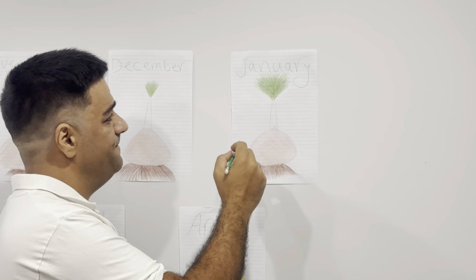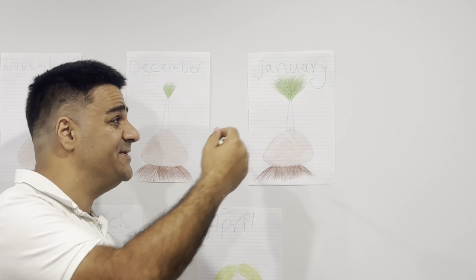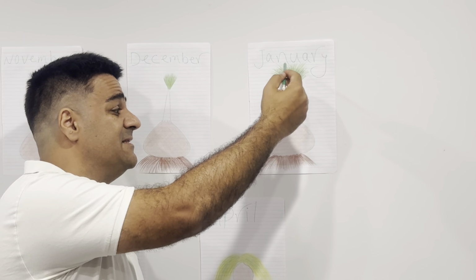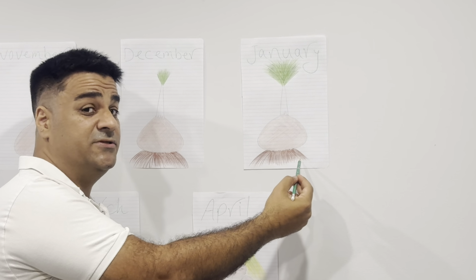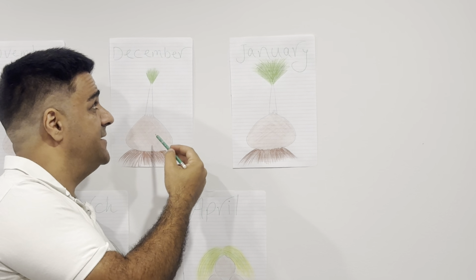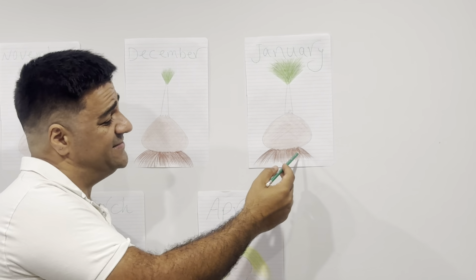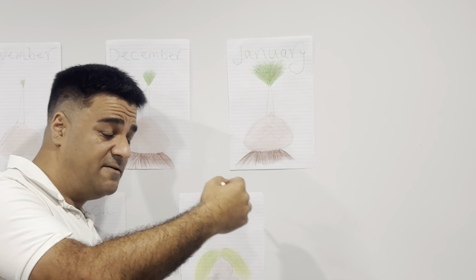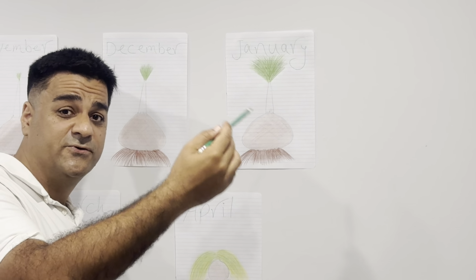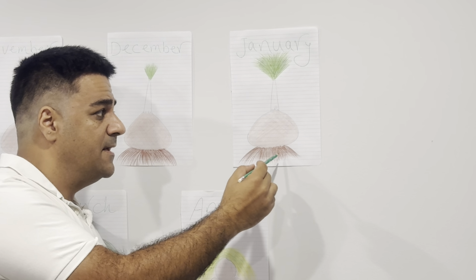In January, again we have an increase in the leaves. The leaves reach 7 to 8 centimeters. Also, the roots are as strong as in December. In this stage, we should again give water, and also nutrients like calcium, phosphorus, and potassium.